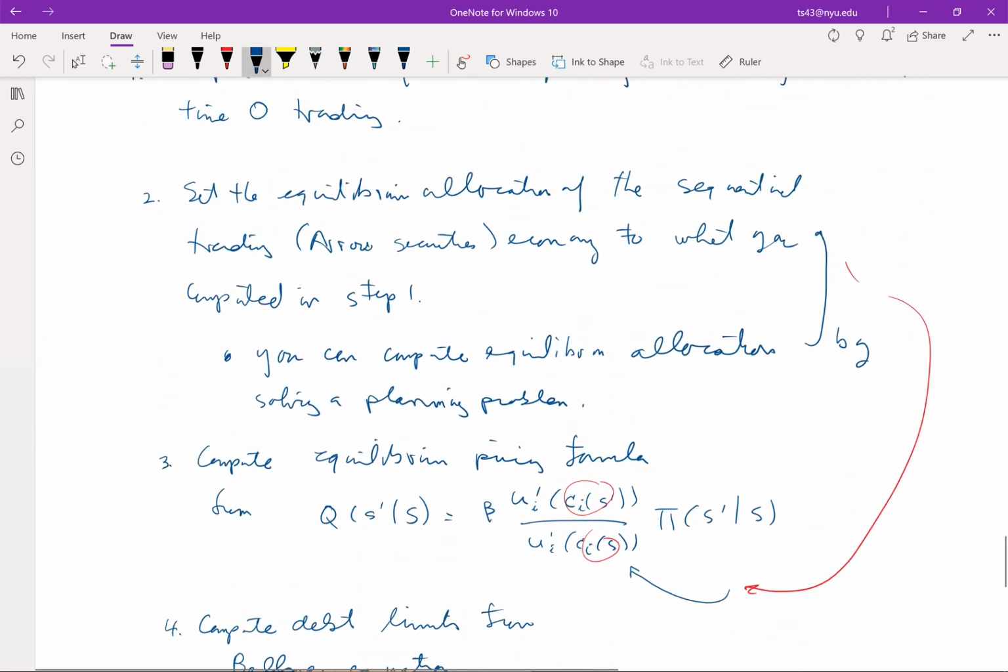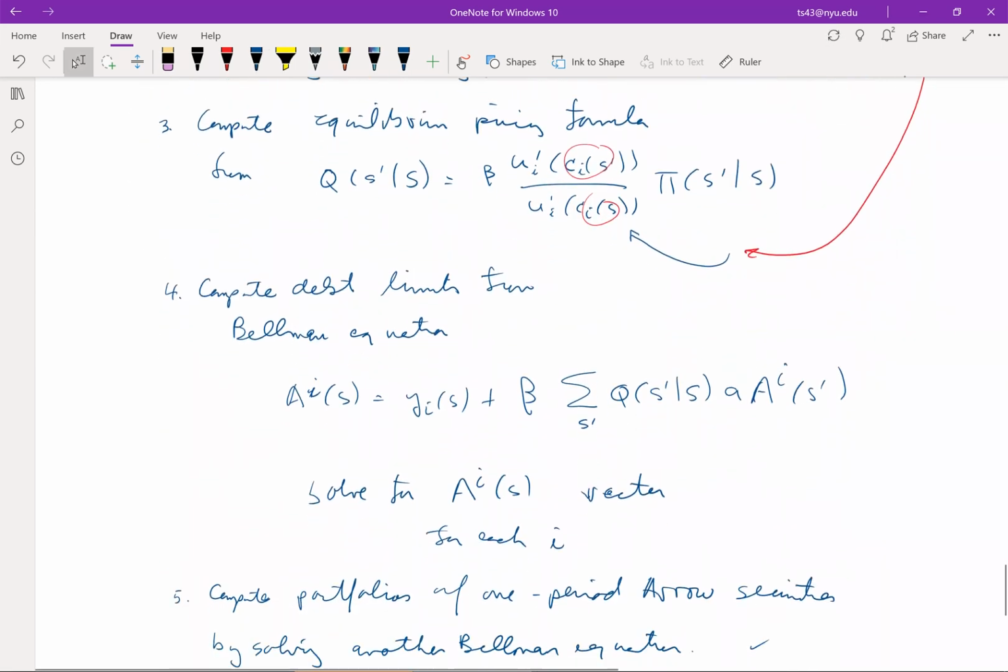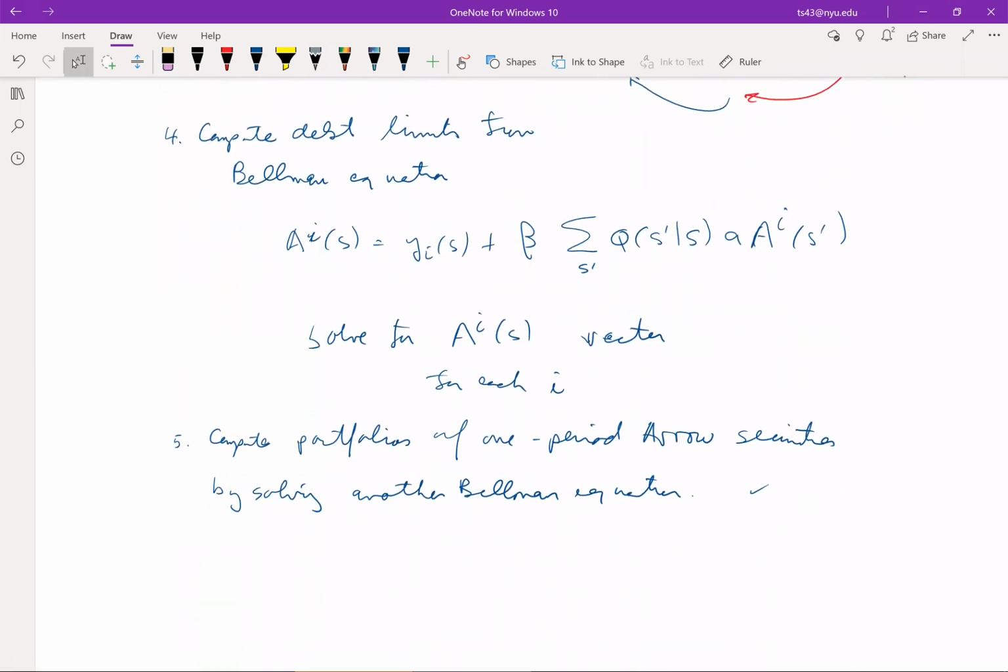That's how we do it. This is a lot to digest. In section 994, there's a simple example where this algorithm is used to compute a recursive competitive equilibrium. This is the achievement of these beautiful models, and they're workhorses all over macro and finance. So I hope you have fun with them. Thanks.